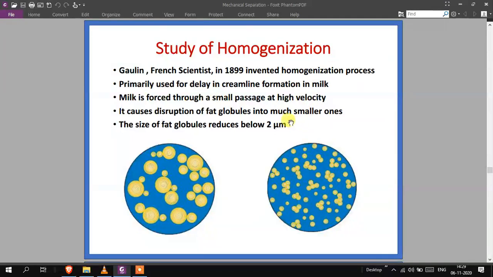In this process milk is forced through a small passage at high velocity. Homogenization is a process in which milk is forced through a small orifice or a small passage through a valve, and by the shearing action, milk fat globules are disrupted into much smaller globules, and the size of the fat globules reduces below 2 micron.